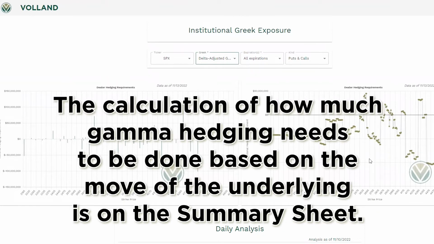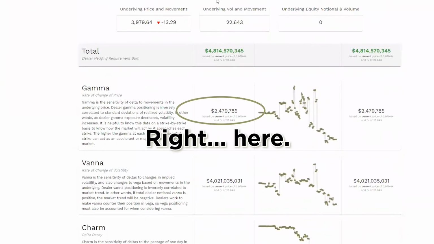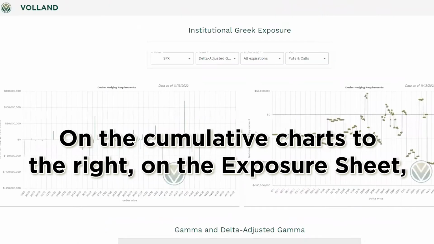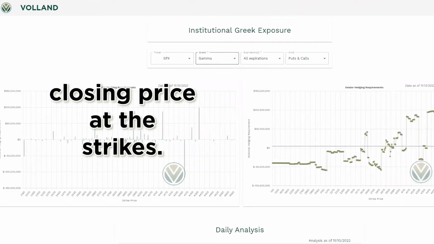The calculation of how much gamma hedging needs to be done based on the move of the underlying is on the summary sheet, right here. On the cumulative charts to the right, on the exposure sheet, it shows the difference of gamma from the previous day's closing price at the strikes.